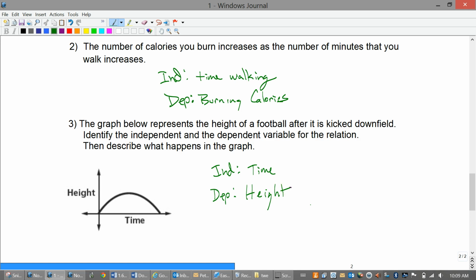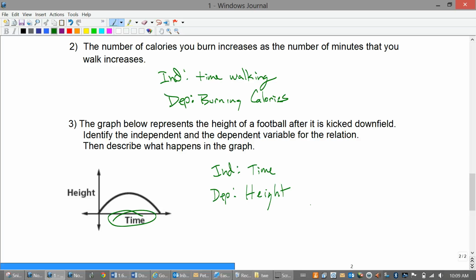Second way to look at it is because you have a graph and time is on the x-axis, that means time is the independent variable. Okay, automatically, without even thinking about the situation, time has to be the independent variable in terms of it. The dependent variable would be the height.